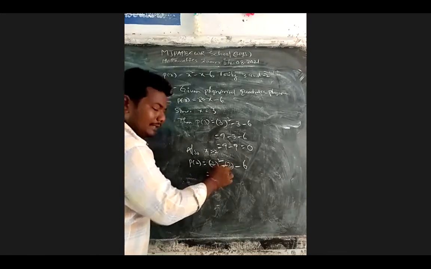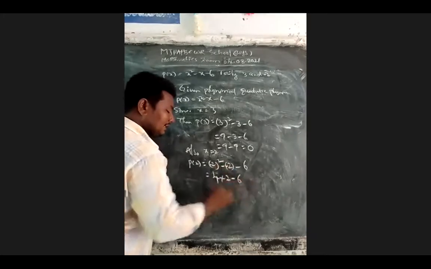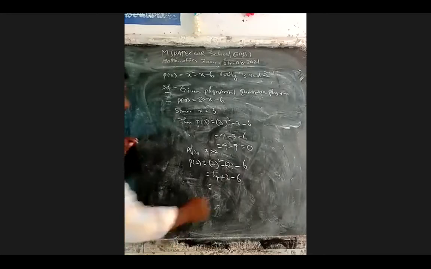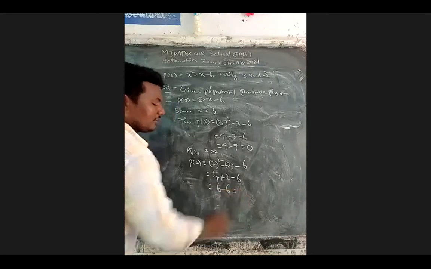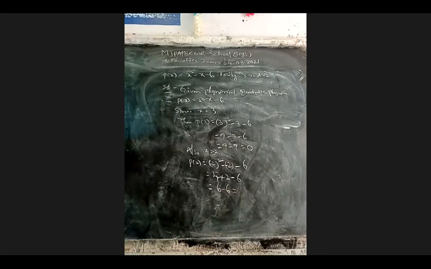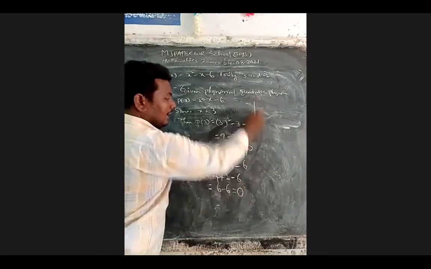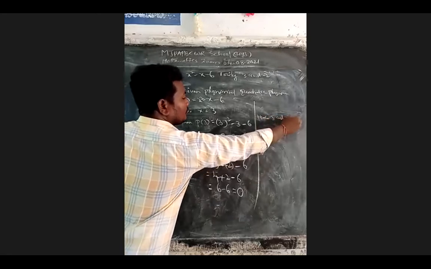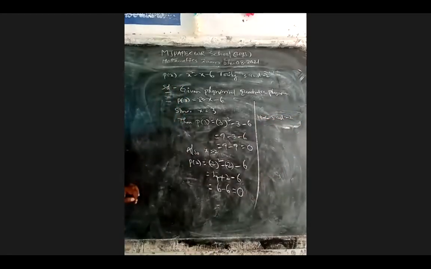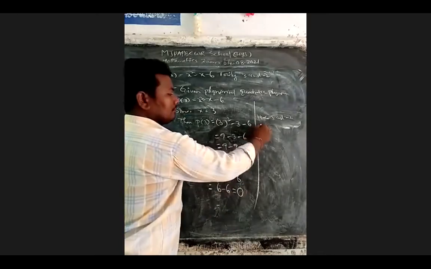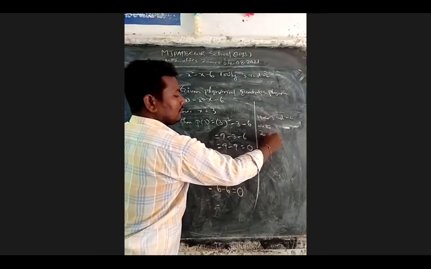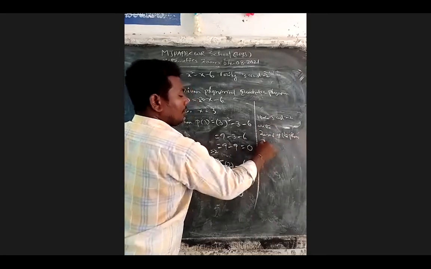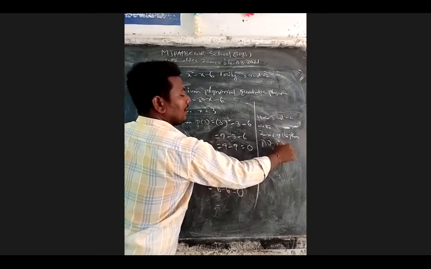Minus into minus plus 2 minus 6. 4 plus 2 is 6, so 6 minus 6 equals 0. Hence 3 and minus 2 are the zeros of the polynomial p of x equals x square minus x minus 6.